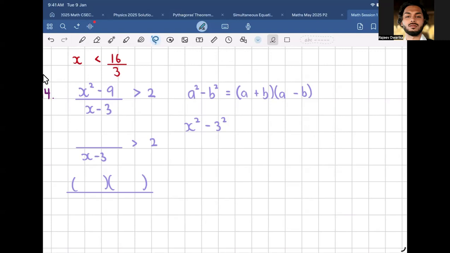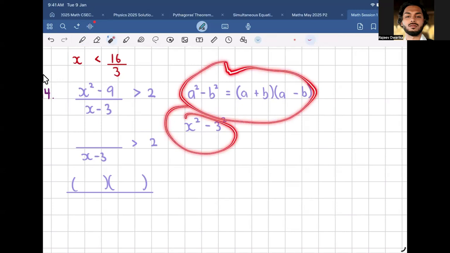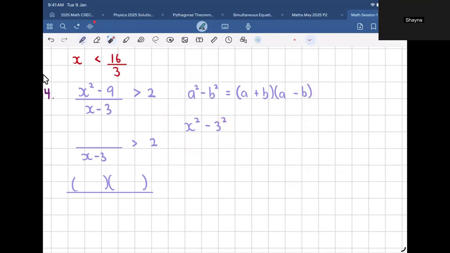I will explain it. Is there something confusing you about going from this to this? No, sir. So how would I factorize this then?